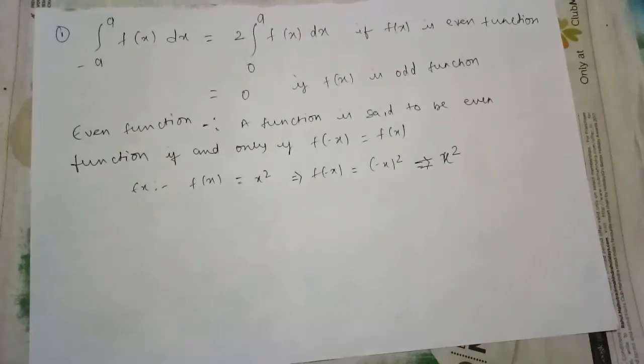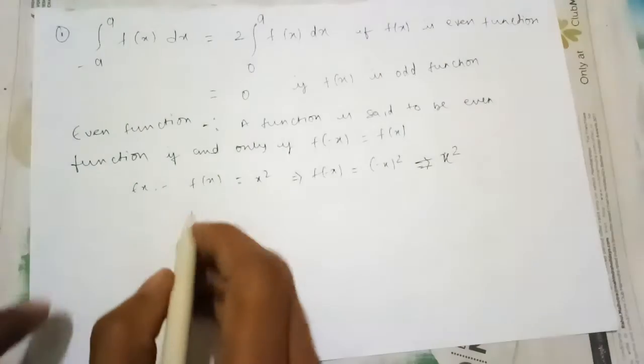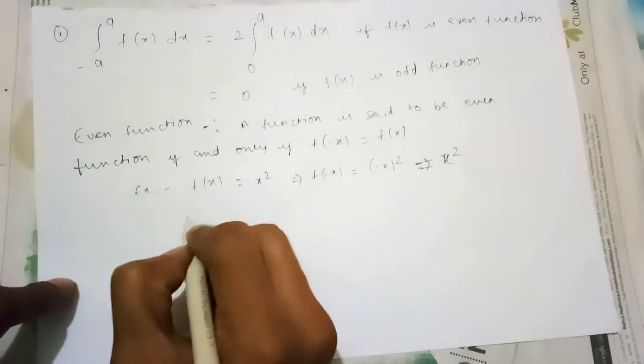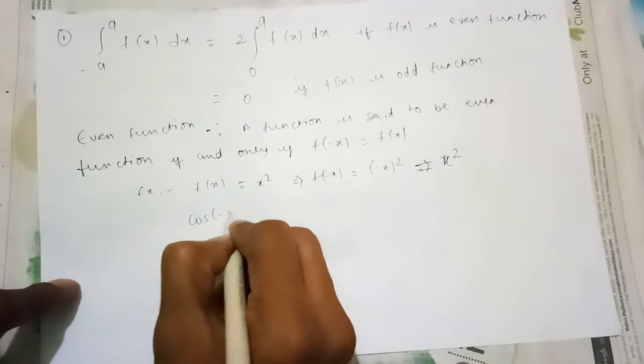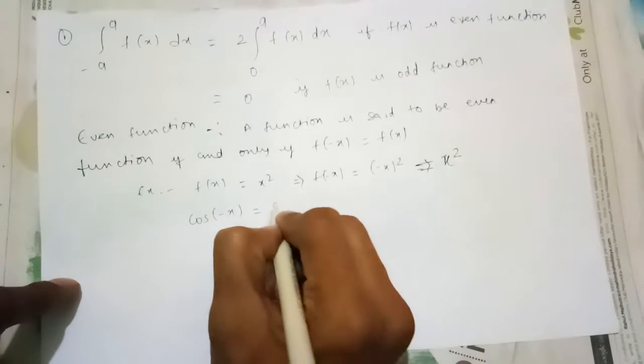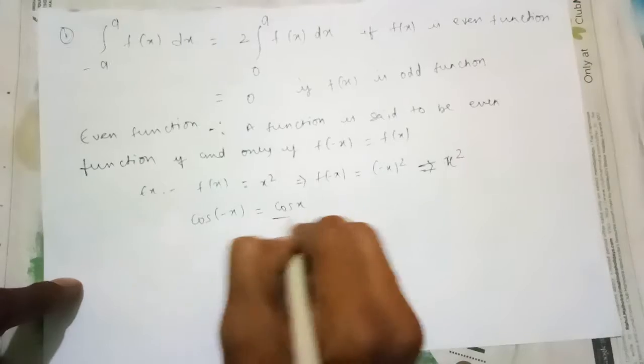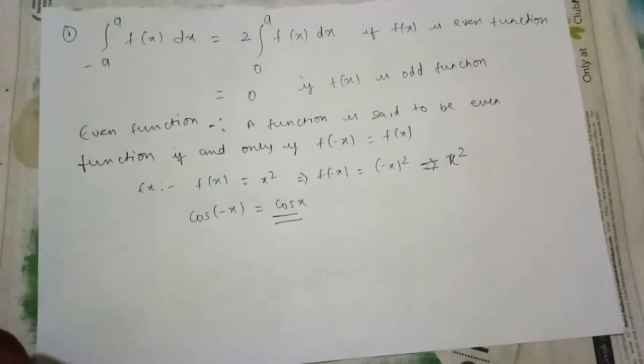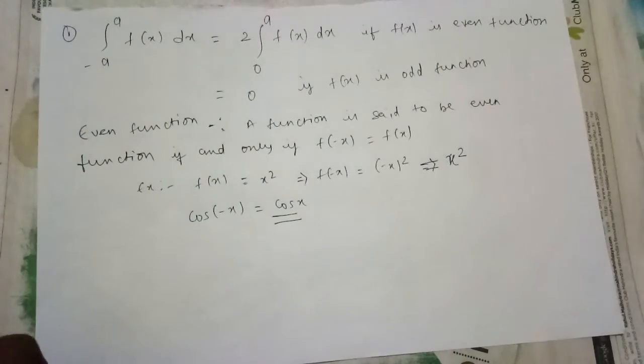This means that if we change the sign of the variable from plus x to minus x, and after solving we get the same function, then that function is an even function. In the same way, cos of minus x is equal to cos x, so cos x is also an even function.